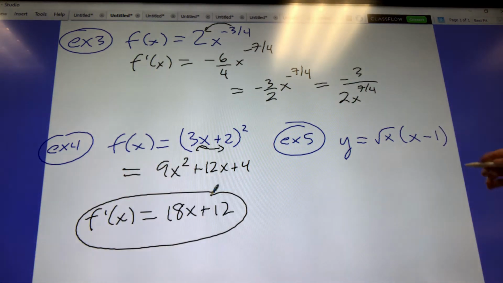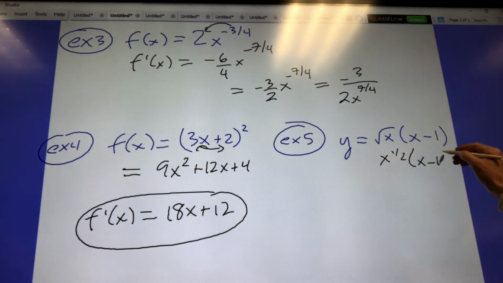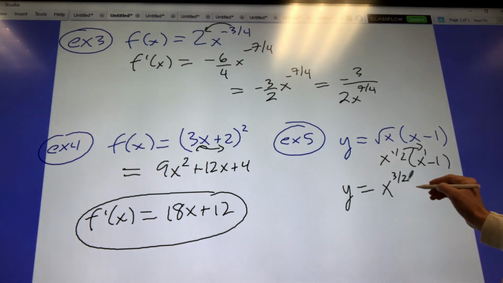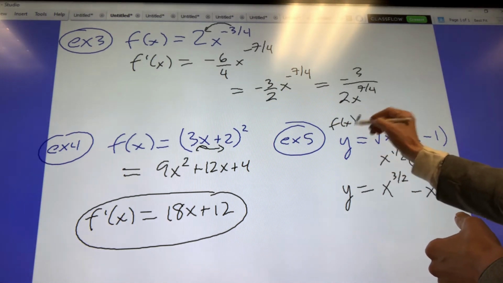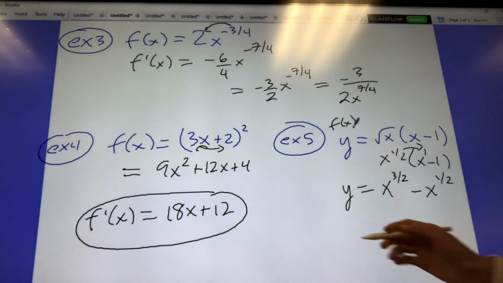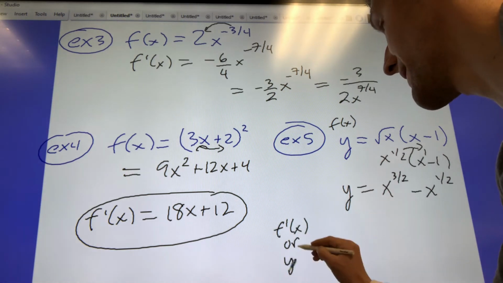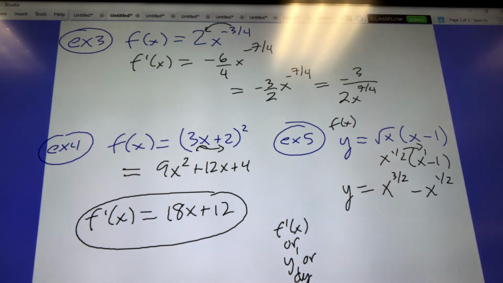On 5, what we're going to do here is, again, this is x to the 1/2. That's being multiplied by x to the first and 1. So y is going to be now x to the 3/2 minus x to the 1/2. And again, y, same thing as f of x. So when I look for f prime of x or y prime or dy dx, I'm really talking about the same thing here.